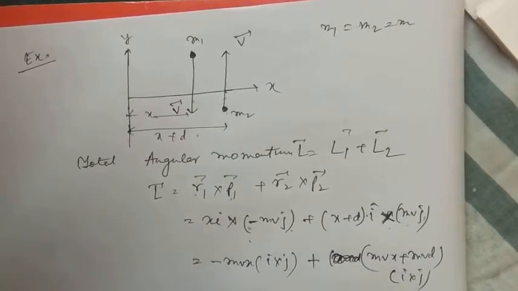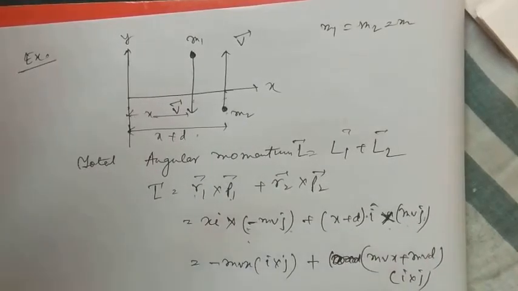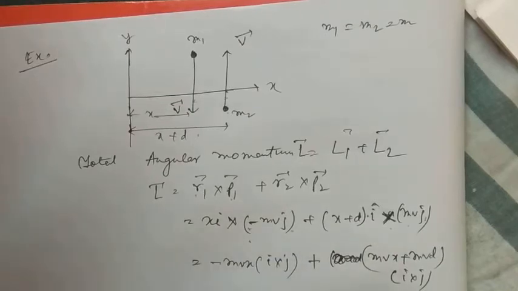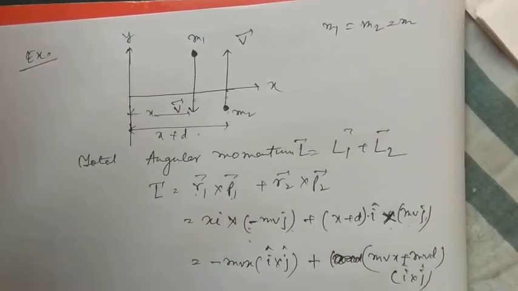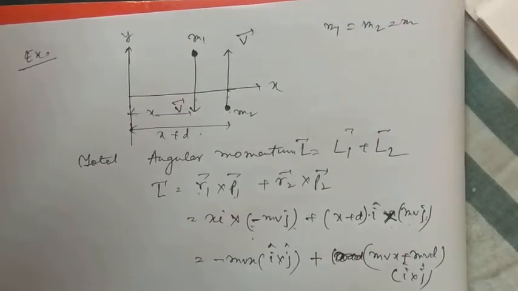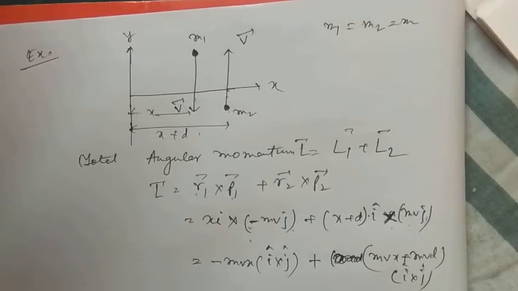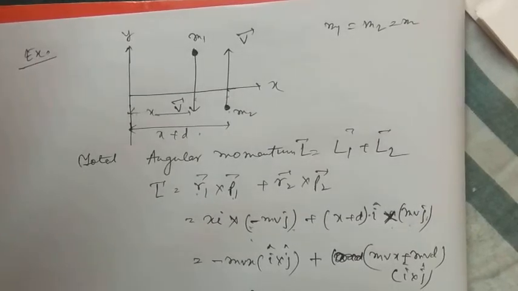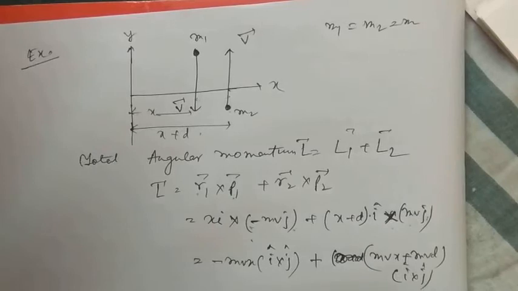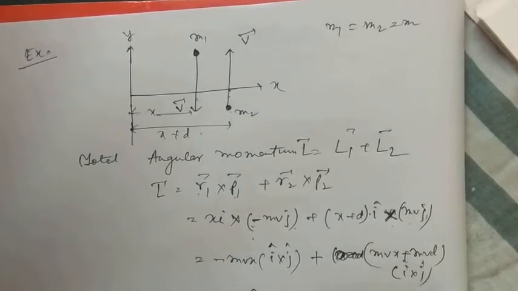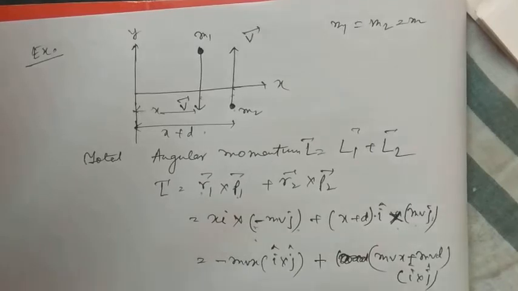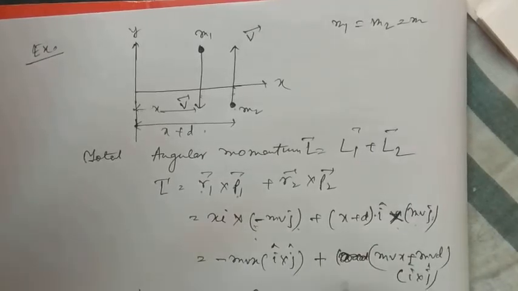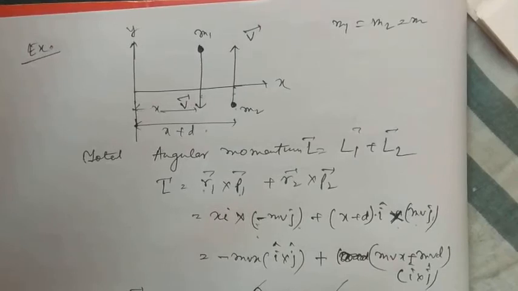So you have to take i cross j common from these two, or rather we can write i cross j as k from the vector rule: minus mvx k cap plus mvx k cap, like this. So these two terms will eliminate each other. So the remaining term is mvd k cap.